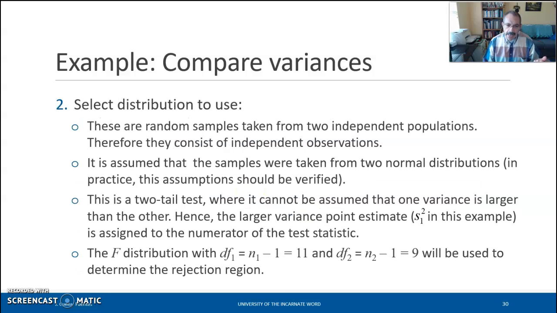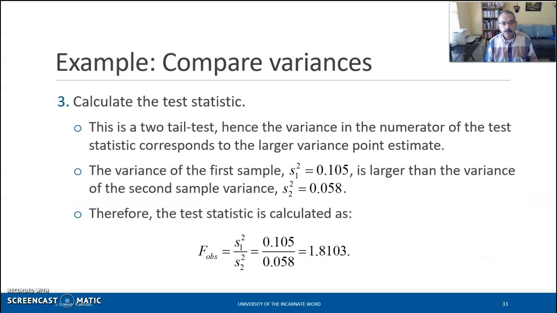So because of that, the degrees of freedom 1 corresponds to the variance that goes in the numerator, so it's 12 minus 1, that's 11 degrees of freedom, and the degrees of freedom for the denominator, for the second variance, are 10 observations minus 1, so the degrees of freedom will be 9. So this is the F statistic that we will use.